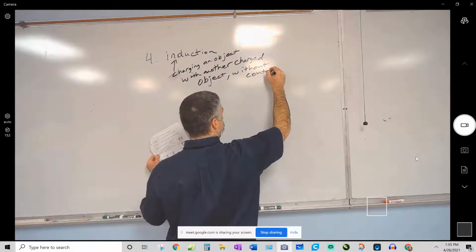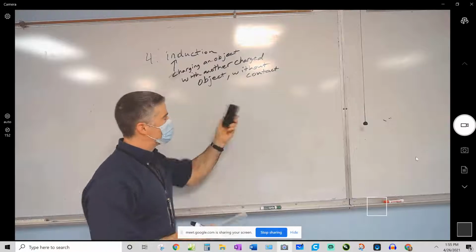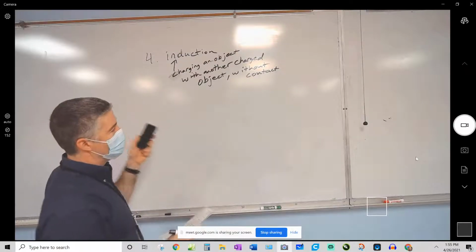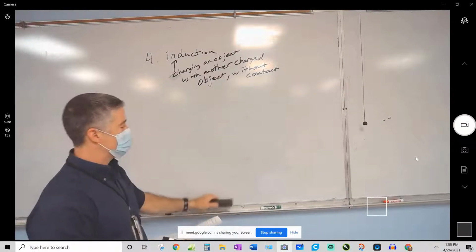And there is some contact in the diagrams, but the contact I'm talking about is, let's say I want to use this to charge something. I bring it near some other thing, but I don't actually touch it with the thing that I'm using to charge.